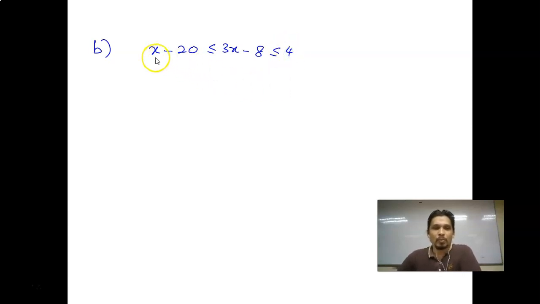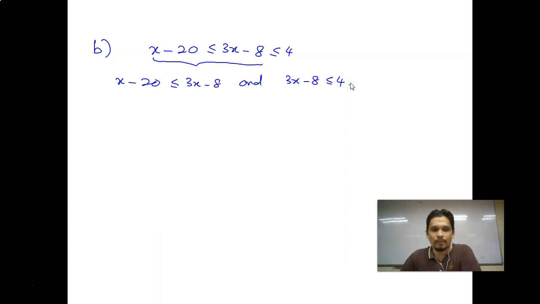We take the first part here: x minus 20 less than or equal to 3x minus 8, and 3x minus 8 less than or equal to 4. So class, we divide this into two parts: this is case number 1 and this is case number 2. We divide the cases part by part, so we solve this part here now.